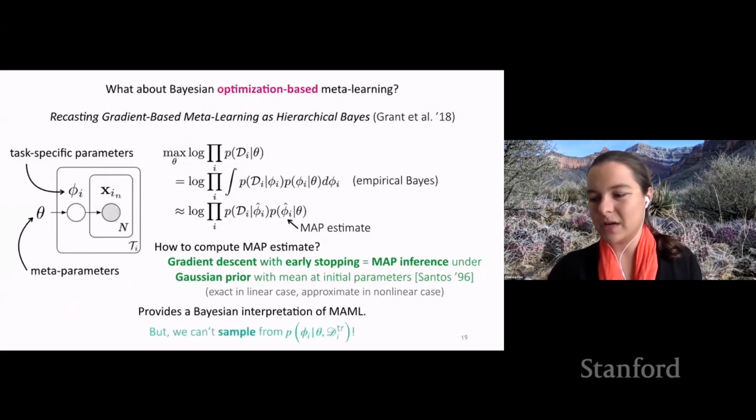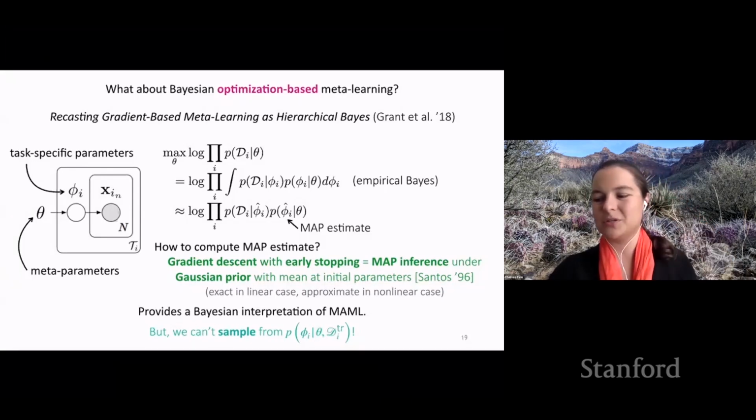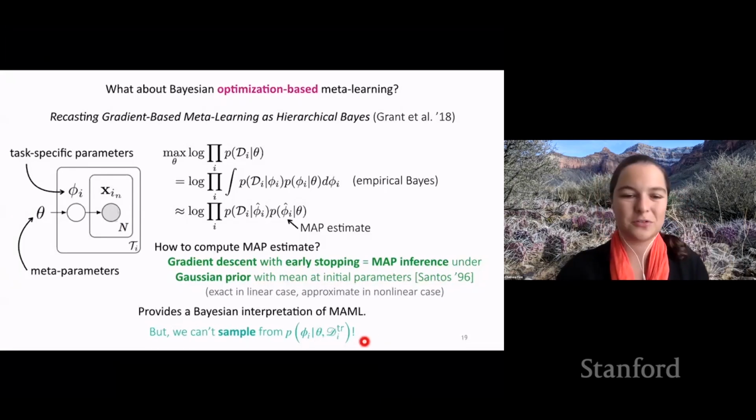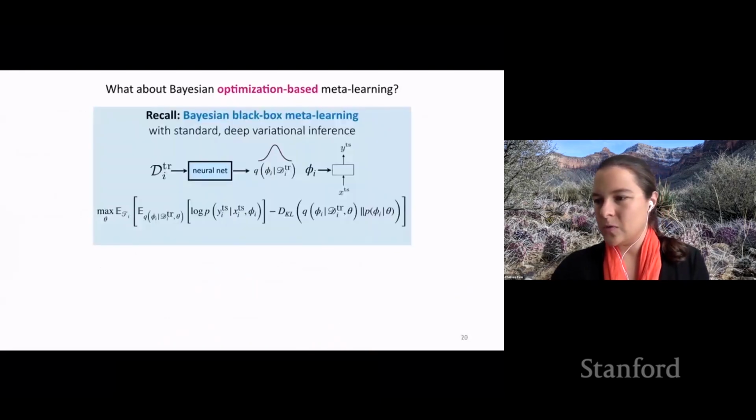Of course, this is all very crude, and under this interpretation, we still can't sample from this distribution. So it's not very useful from the standpoint of representing distributions. There are a few different things that you can do about this.